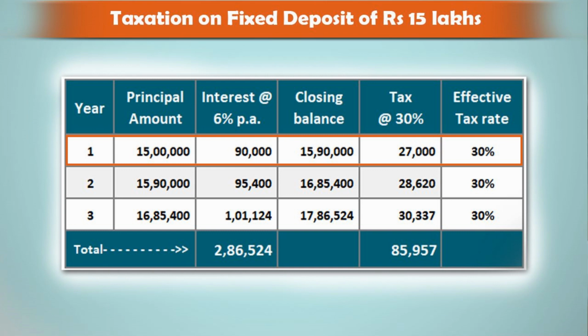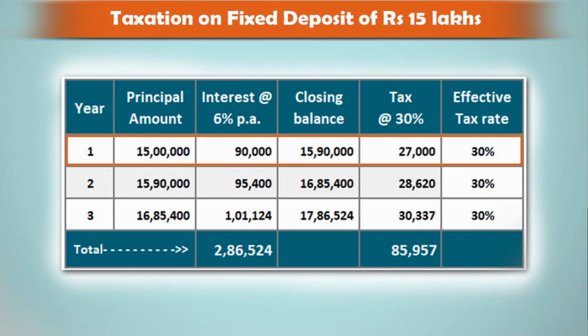So, at the end of the first year, your deposit value is 15.90 lakhs and tax will be charged on rupees 90,000. Now, to simplify matters, I have assumed the other taxable income earned apart from interest is above rupees 10 lakhs and hence the tax rate would be 30%. So tax on 90,000 at the rate of 30% is rupees 27,000.